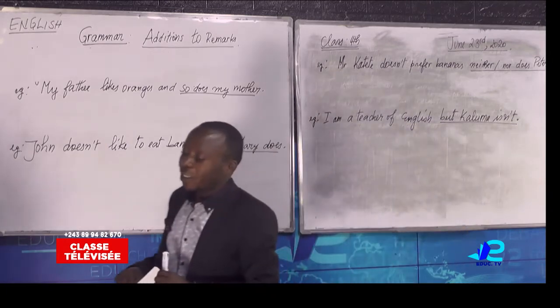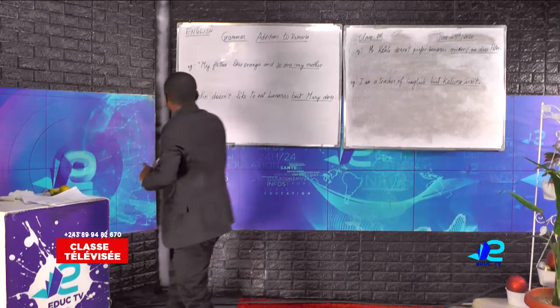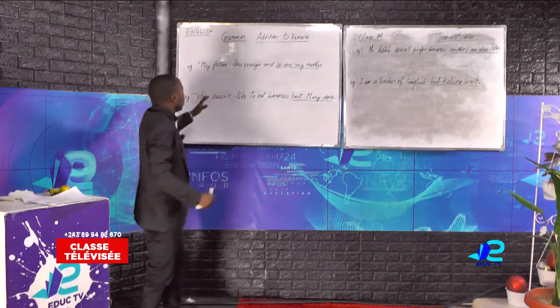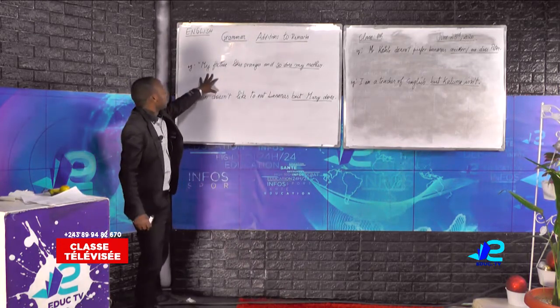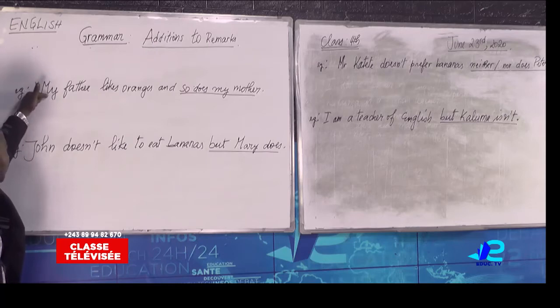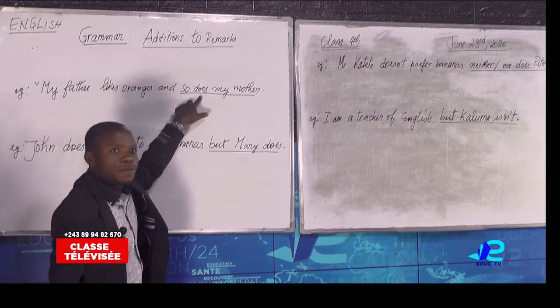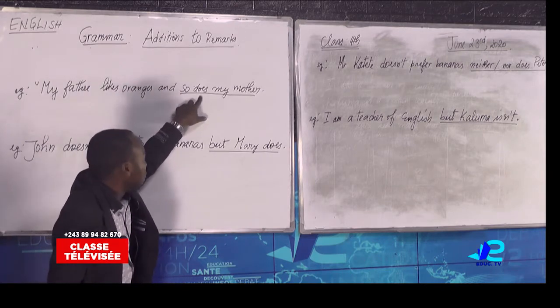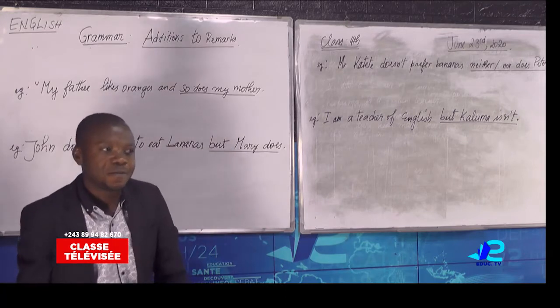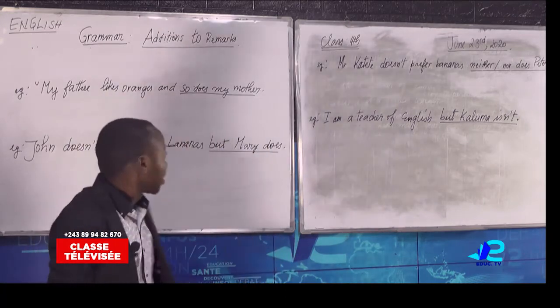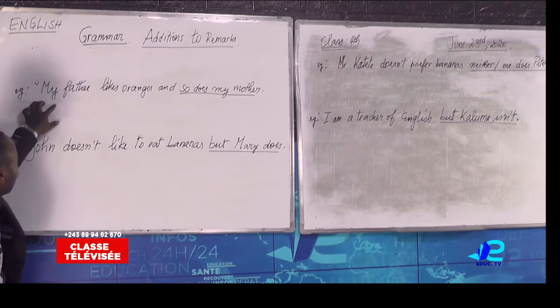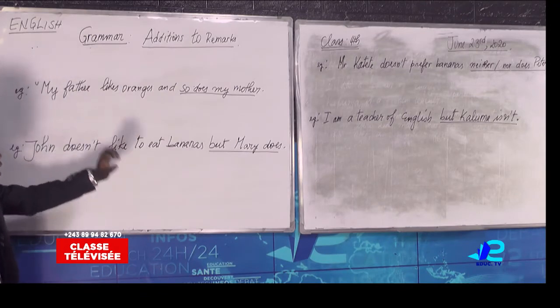Now my question, the first question, is to know: are the remark and the addition in affirmative or in negative? Look carefully at the first sentence. My father likes oranges, and so does my mother.